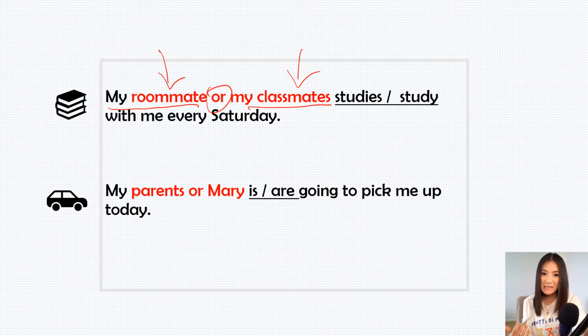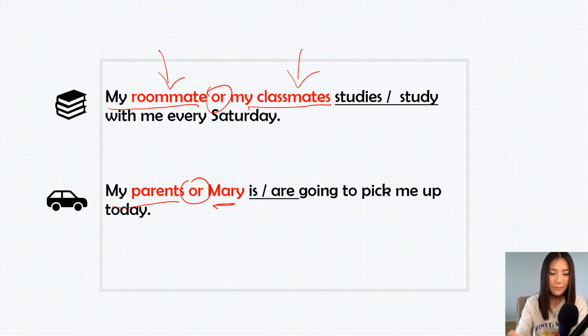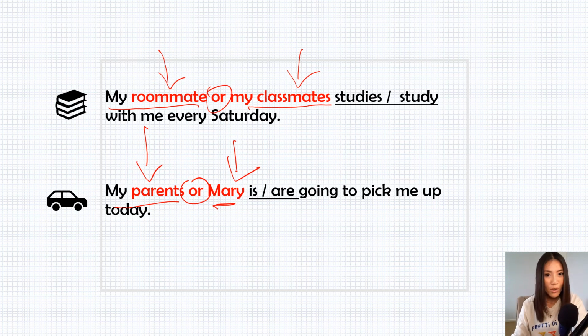But if my classmates come, then it's study, plural. So you're not sure which one to choose. If you look at the second sentence, it says my parents or Mary is going to pick me up or are going to pick me up. If Mary comes, it's singular. If my parents come, it's plural. So which verb should you choose?